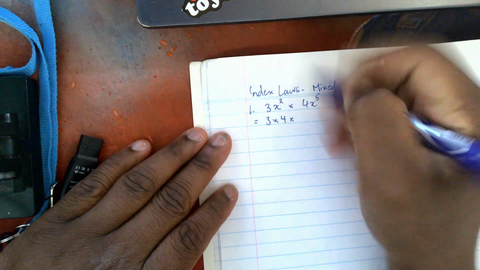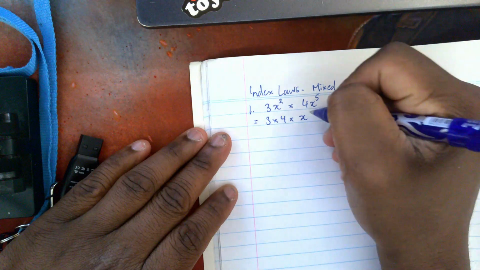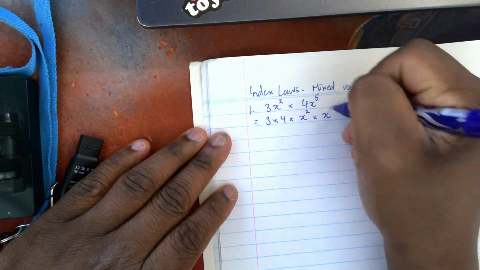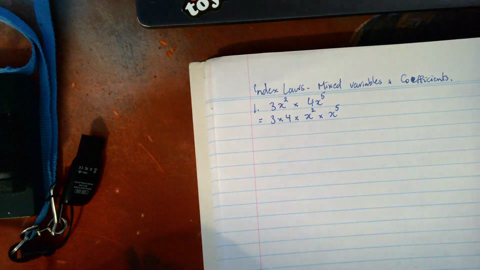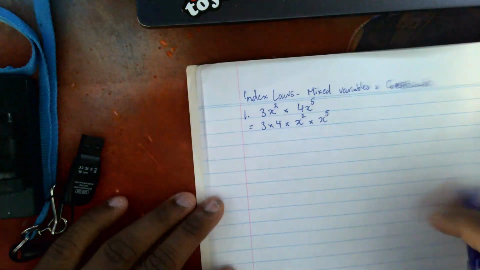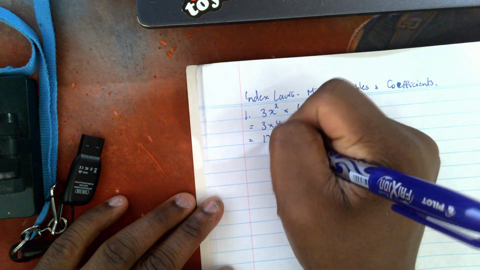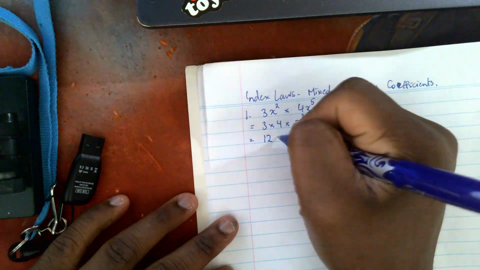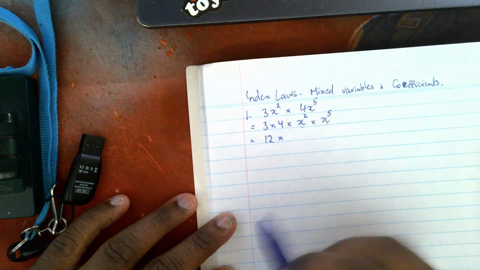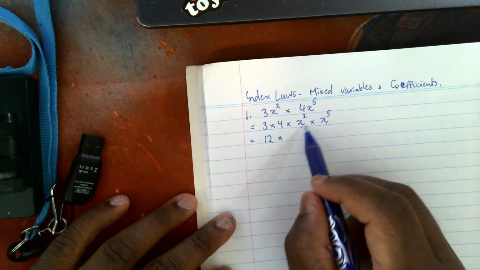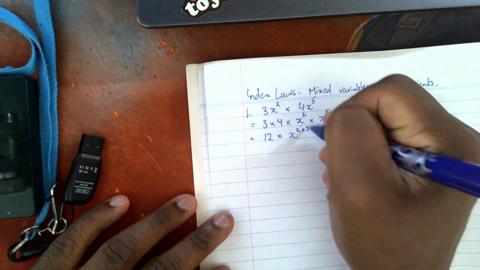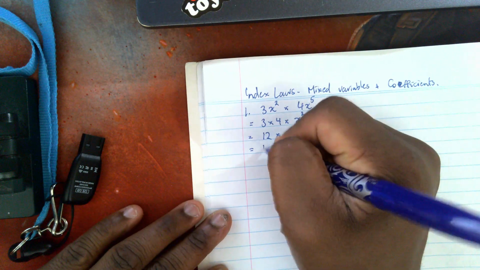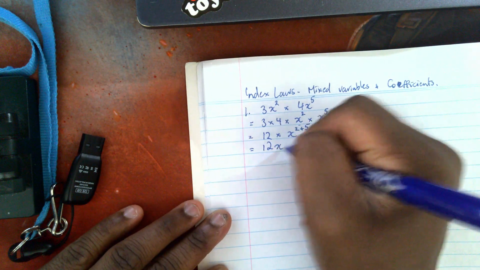The variables, x squared times x to the 5th, we can put those together. Next, multiply our coefficients, so 3 times 4 is 12, and then we know if we have the same base and we're multiplying, we're going to add those powers, so 2 plus 5. So our final answer is going to be 12x to the 7th.